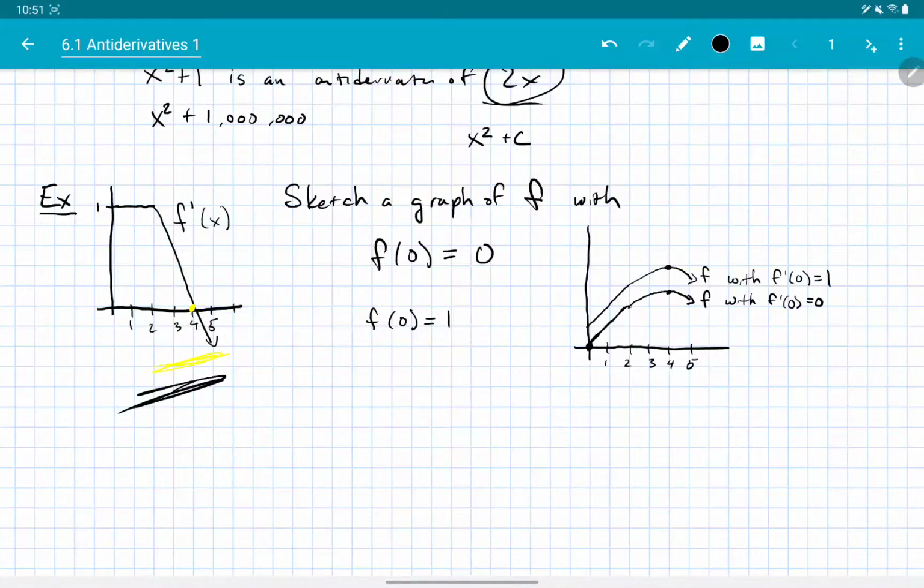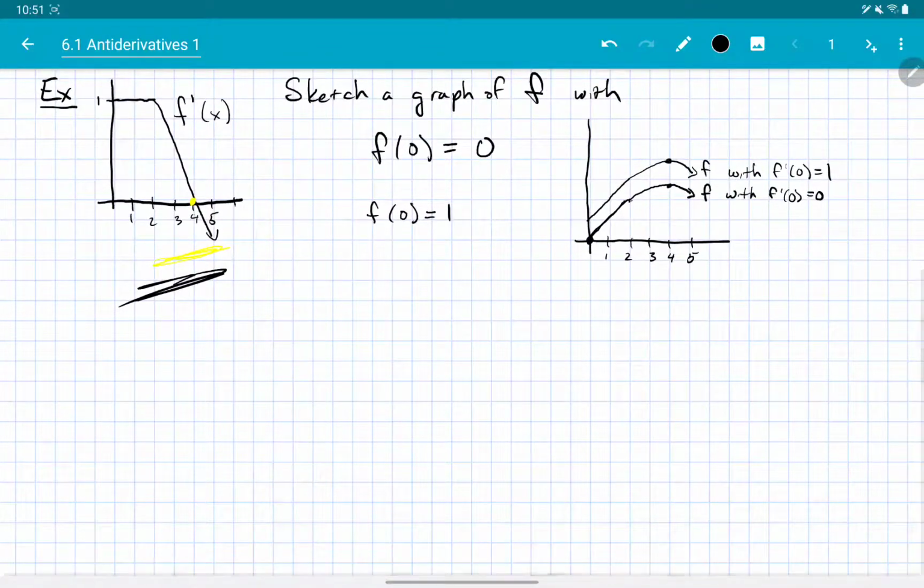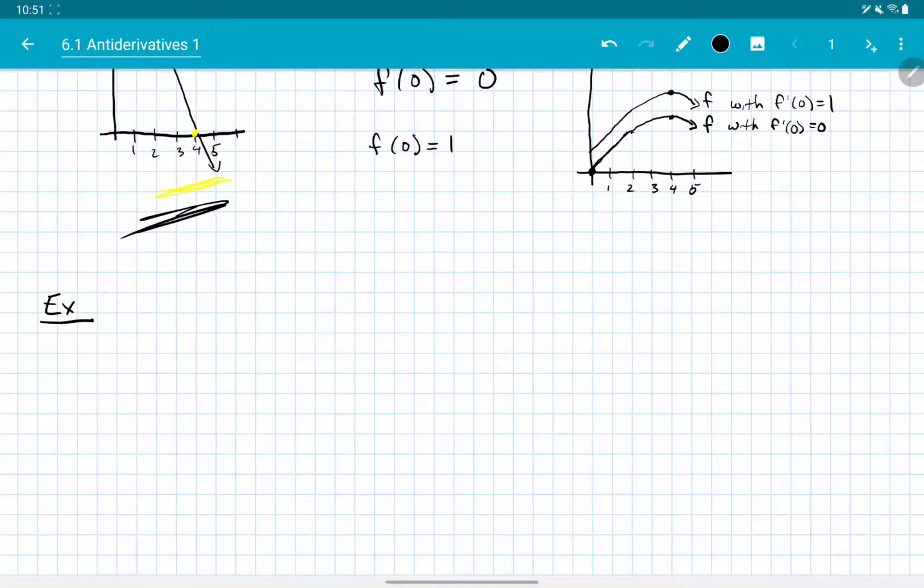Okay, let's do some more examples like this. I'm going to sketch again an f prime function. Let's see, this is 2, -2.